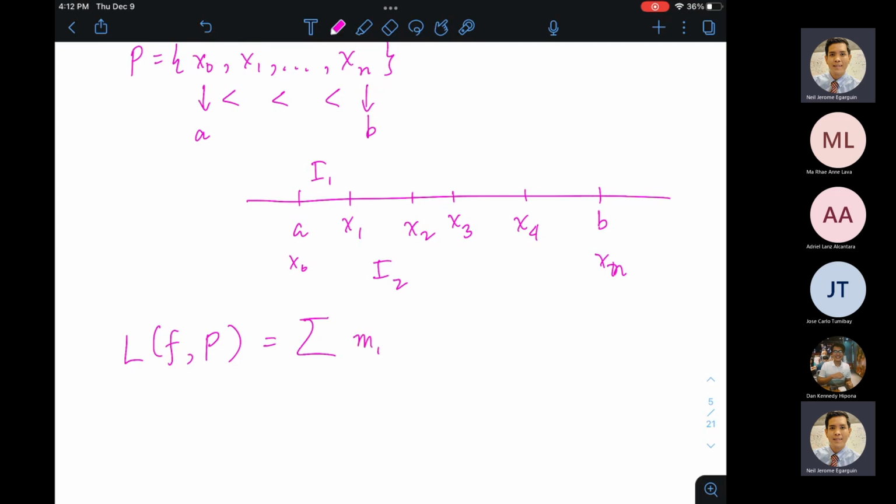So kukunin natin yung pinakamaliit na value ng f of x sa interval x sub 0 hanggang x sub 1, i-multiply ko to by the width of the interval, all right? And I'll do this for all subintervals created. So this would be from 1 to capital N, because we will have n intervals if we have n plus 1 elements of a partition inducer. So ito yung lower Riemann sum.